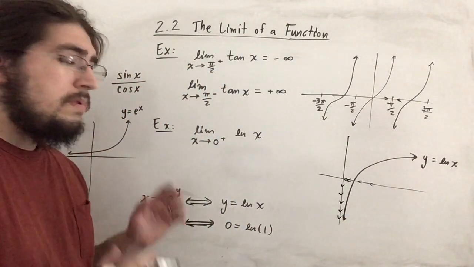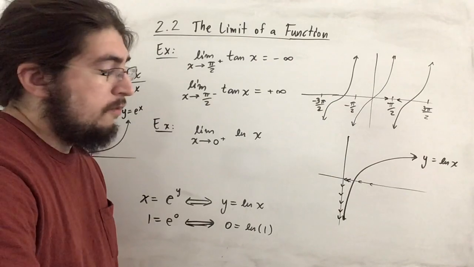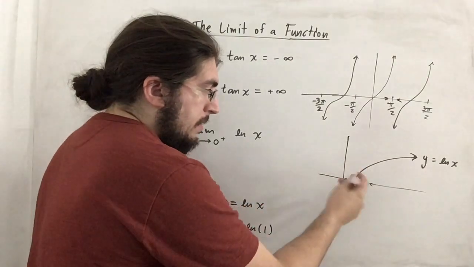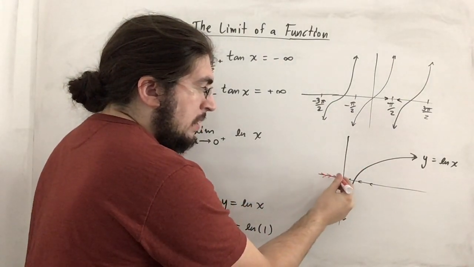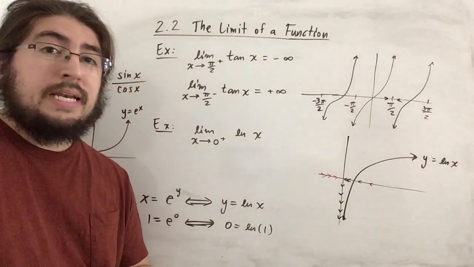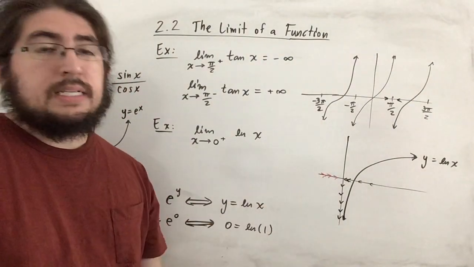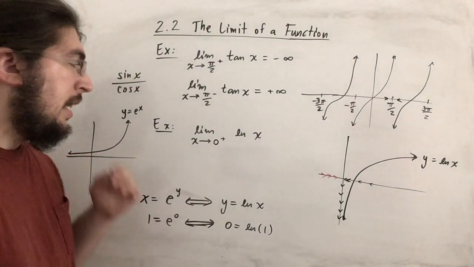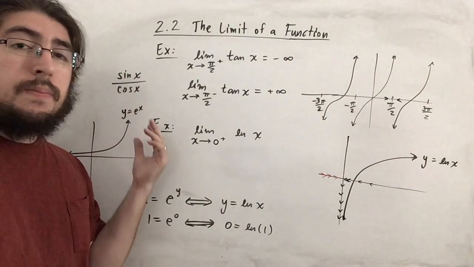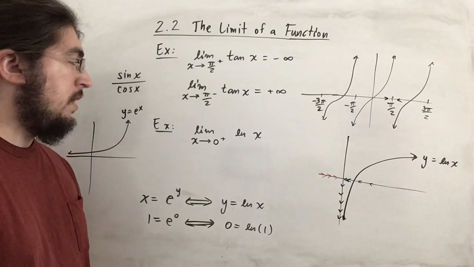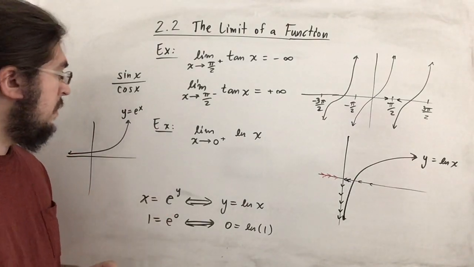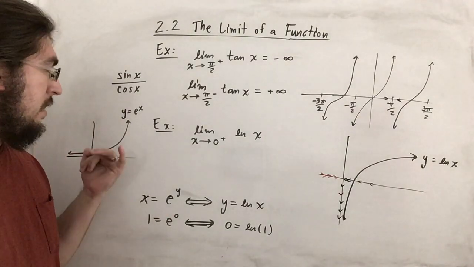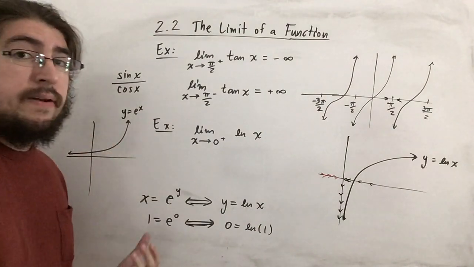Also notice this is from the right, but from the left, actually there's nothing happening, because the domain of ln of x is only 0 to infinity, open. And that's because e to the x, since e is a positive number, about 2.71828, doesn't achieve negative numbers at all.